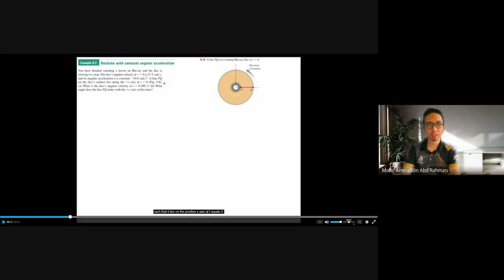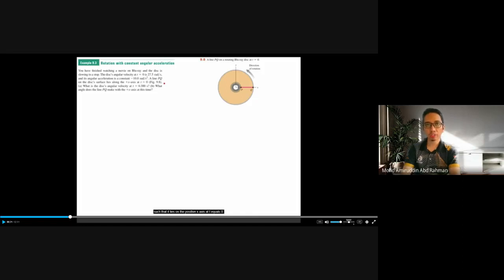Then its angular acceleration is constant, at negative 10 radians per second squared. We have the line PQ on the disk surface, which lies along the positive x-axis, so it is in the horizontal direction at t equals 0.